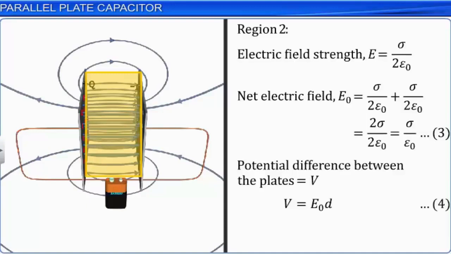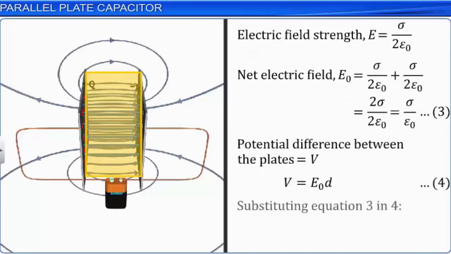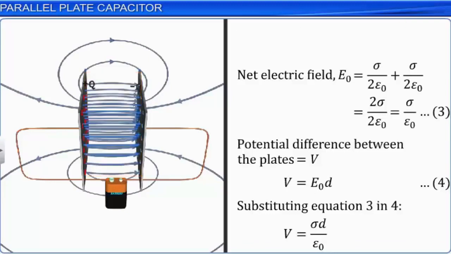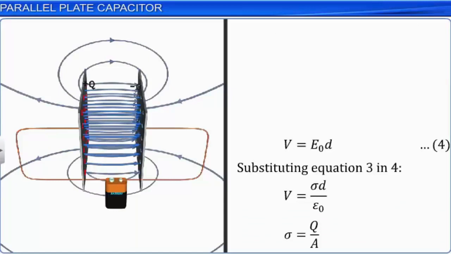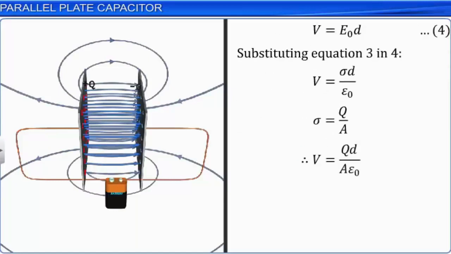Substituting equation 3 in 4, we get V is equal to sigma d by epsilon naught. But we know that the charge density sigma is equal to Q by A. Therefore, we have V is equal to Qd by A epsilon naught. Let this be equation 5.